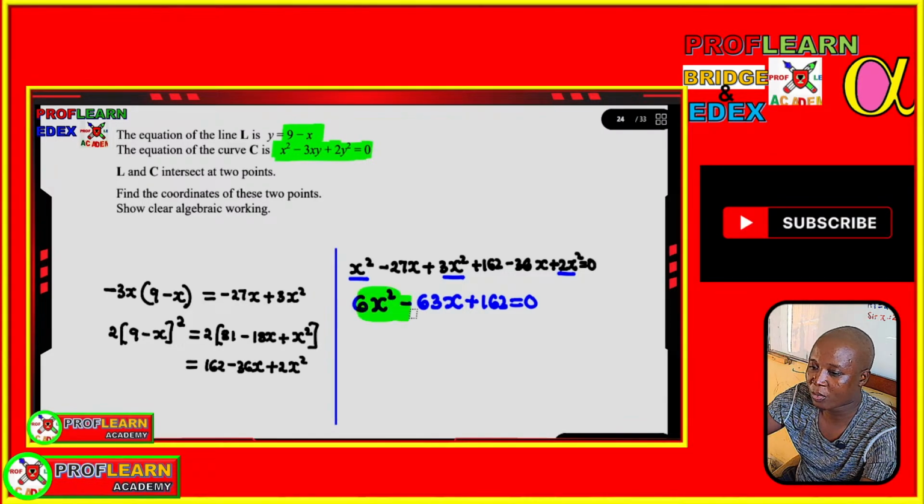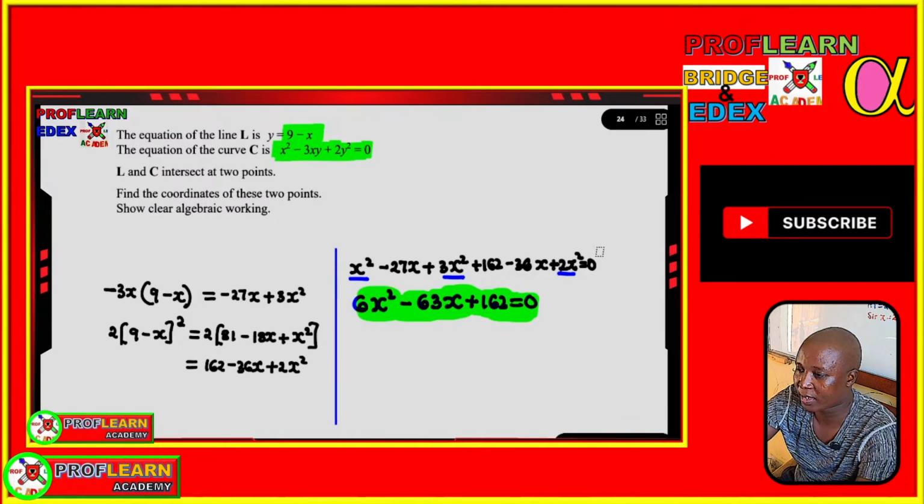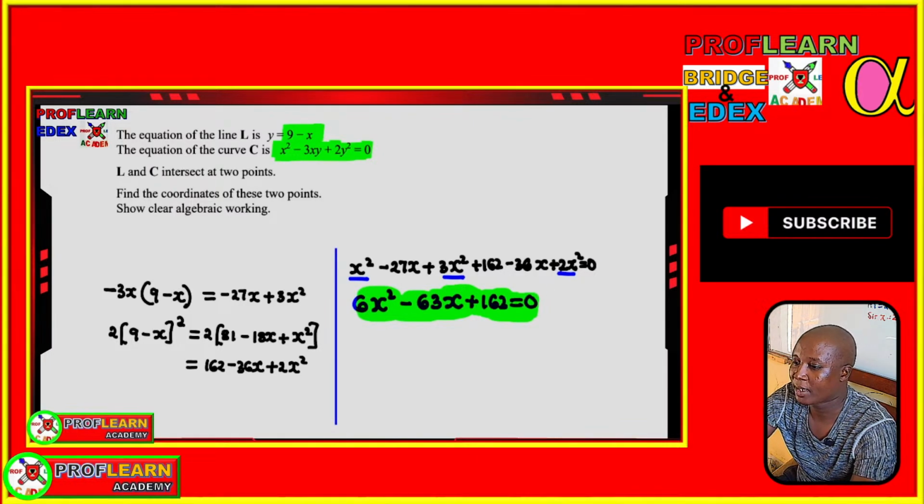So in that way, we are going to solve this quadratic in order to get the value of x. You can use factorization, you can use the completing the square method, you can use the quadratic formula depending on which one you are comfortable with, and some questions will not be compatible with factorization.